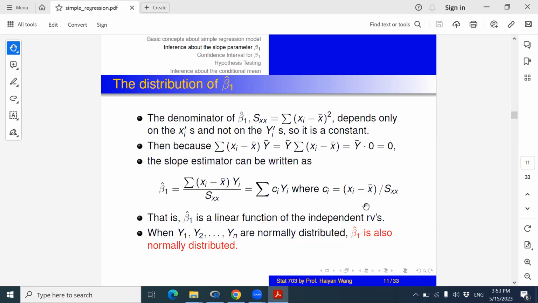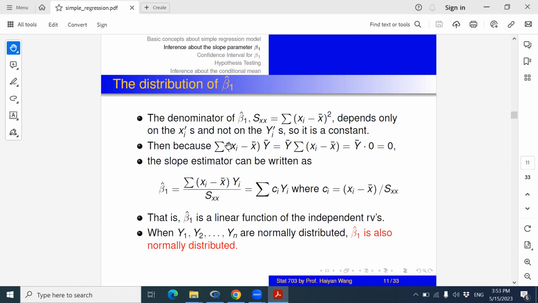And for a linear combination of yi, we know that if we assume each yi is from a normal distribution, then this linear combination of normal random variables will also follow a normal distribution. To make it simpler, we would rewrite the numerator of beta 1 hat as the sum of xi minus x bar times just yi. Why can we do that?